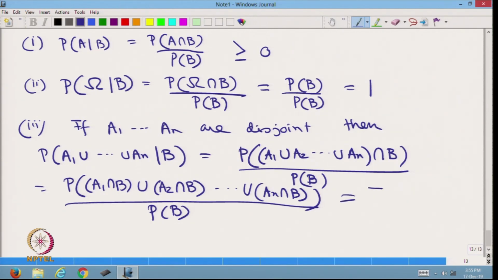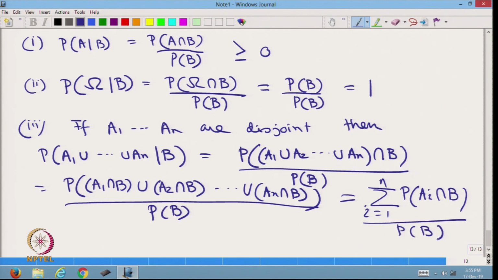Therefore, we can write it as sigma i equal to 1 to n of the probability of Ai intersected with B divided by the probability of B, which is equal to sigma i equal to 1 to n of the probability of Ai given B.